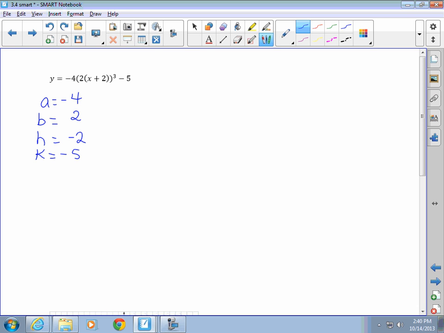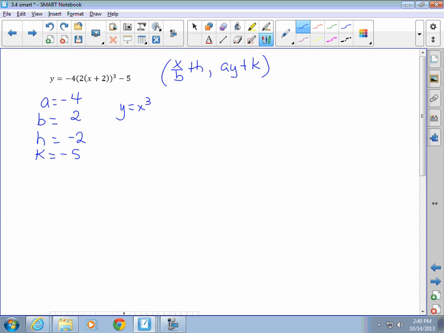So what you want to do is think of what your transformations are. We did x divided by b, plus h, and then a times y plus k. You start at y equals x cubed.